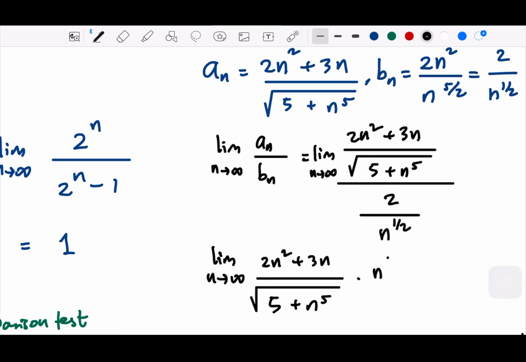Then multiply. Okay. I think it seems like big, but it's actually just basic algebra, right?